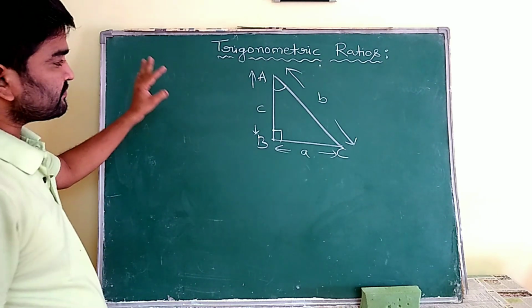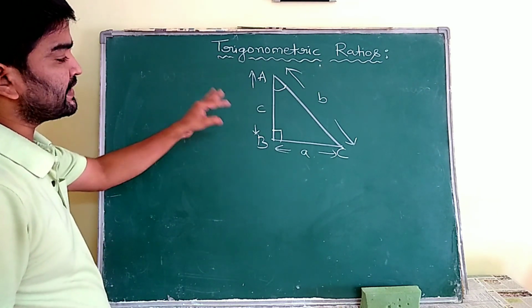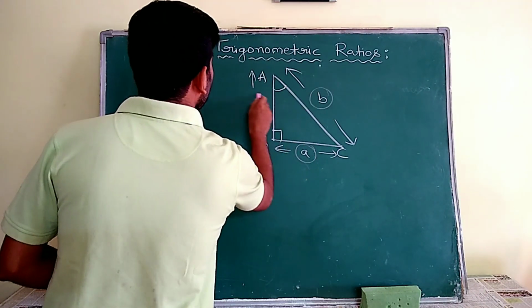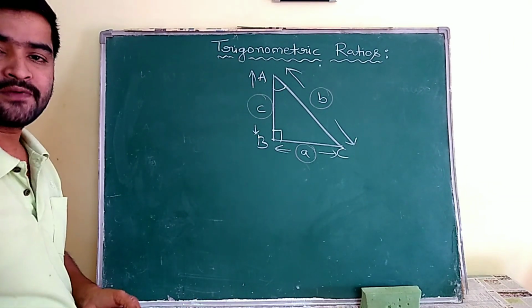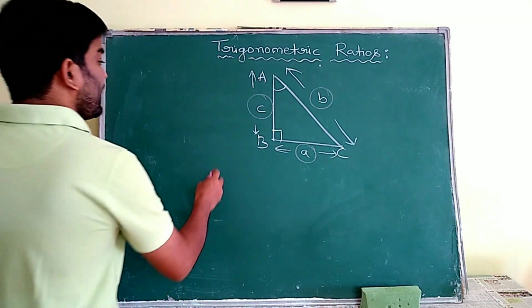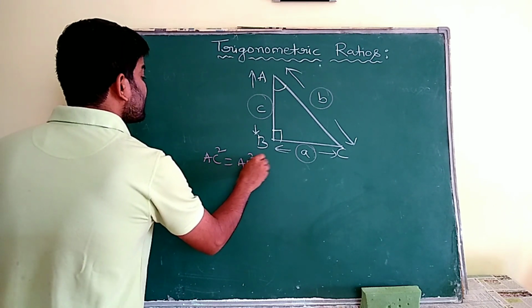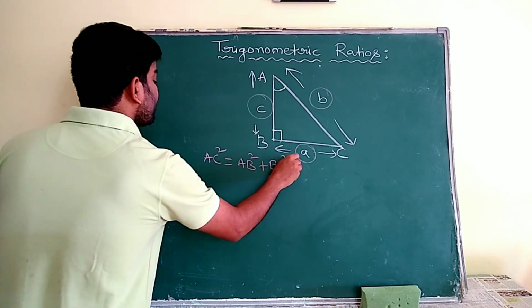Here in this triangle ABC, what is the relation between these sides? Everyone of you knows that the hypotenuse AC square is equal to AB square plus BC square.